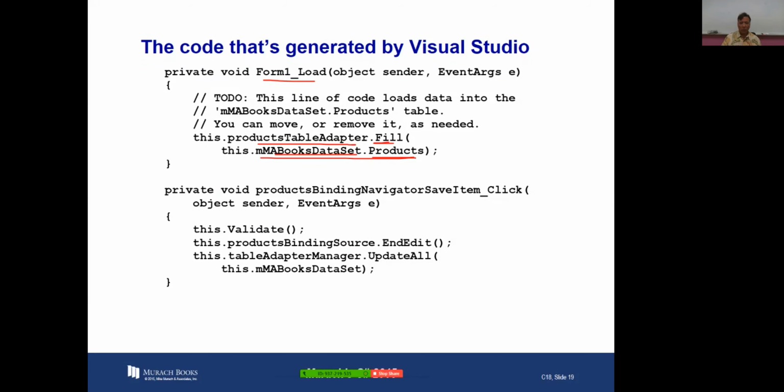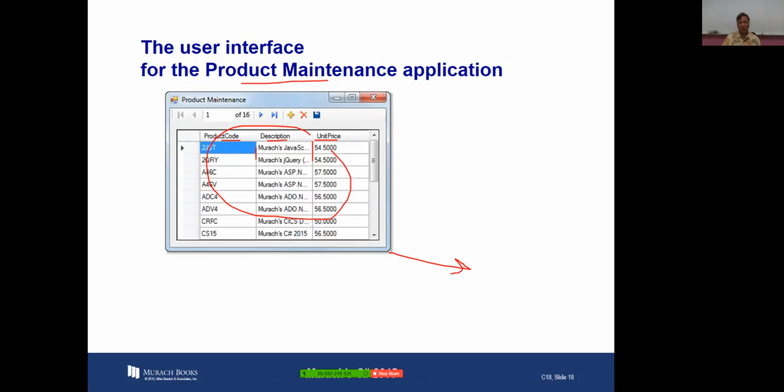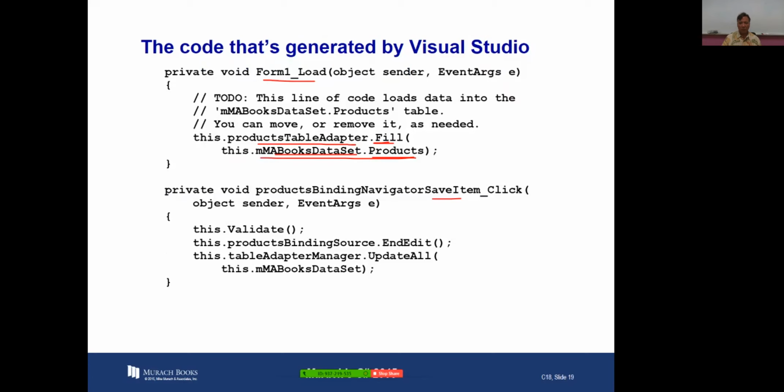And then this code, products binding navigator save item. If we're gonna add data, no, I'm sorry, we're gonna click on the save button here. This thing executes, which updates all of the, it executes this end edit method inside the binding source.